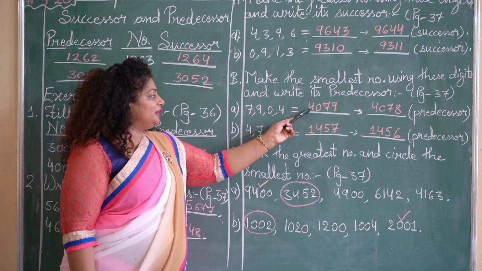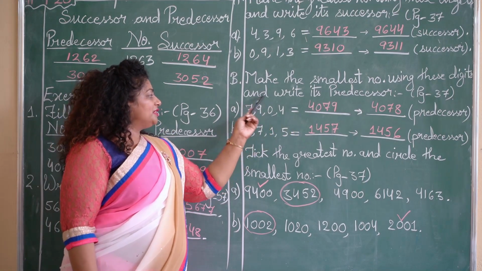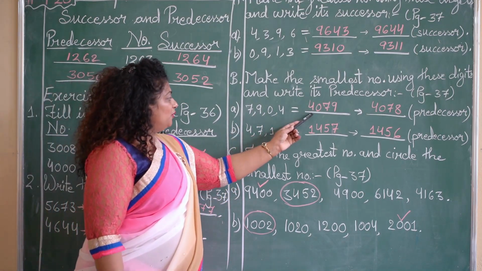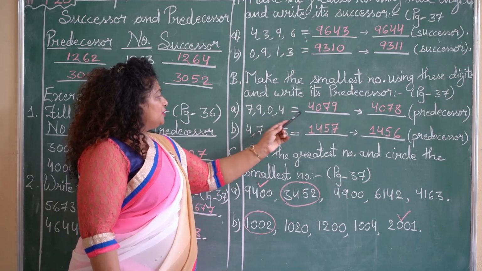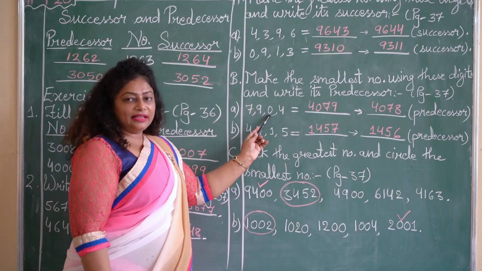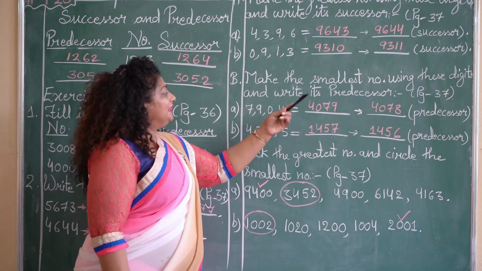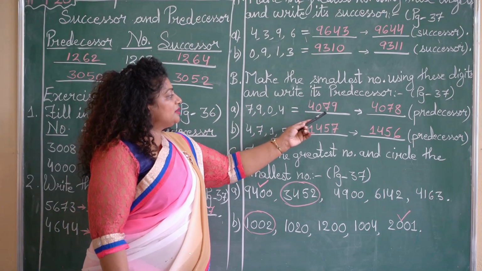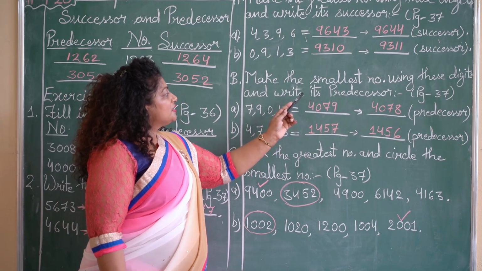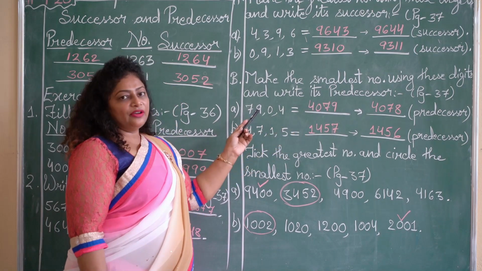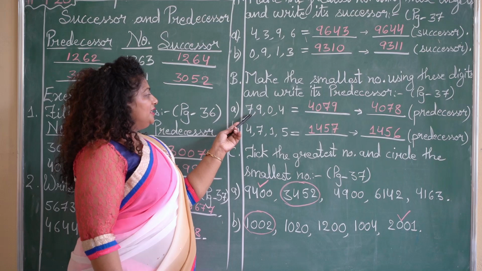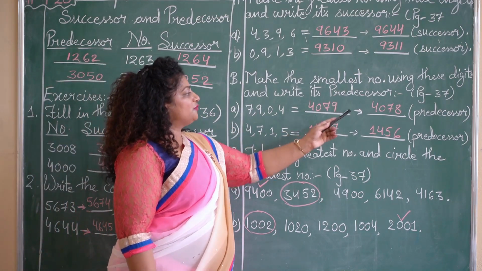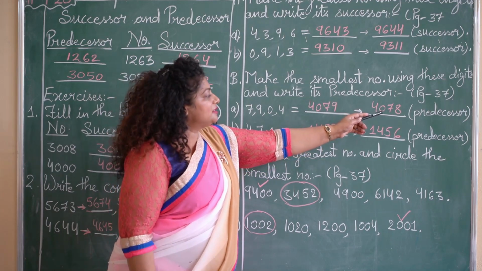If we write 0 here, the sense of this 4-digit number will change. So first we have to write 4 because 4 is greater than 0. So first we'll write 4, then 0, and then 7, and then 9. That means 4079 is our smallest number which we have found out of these digits, and the predecessor will be a number before this number, that is 4078.